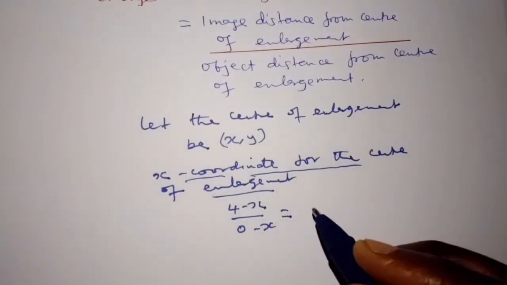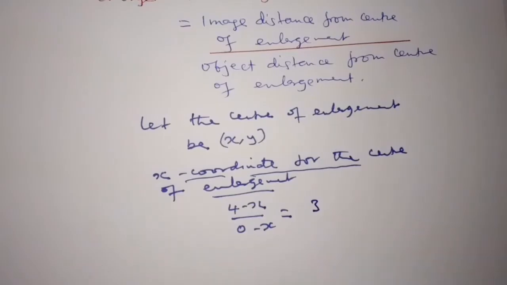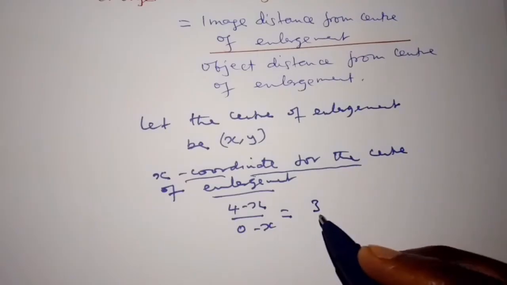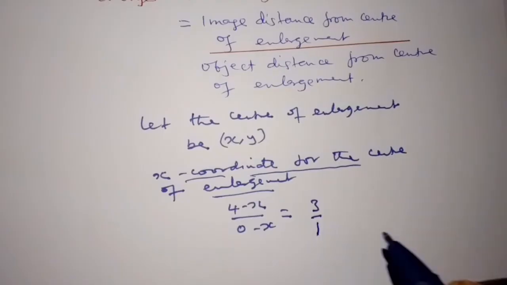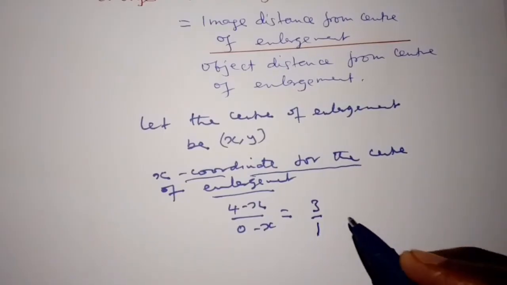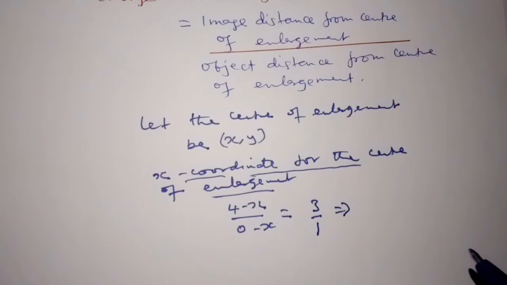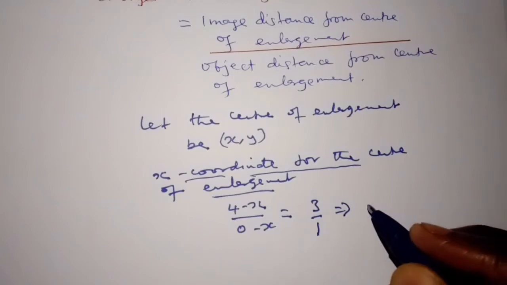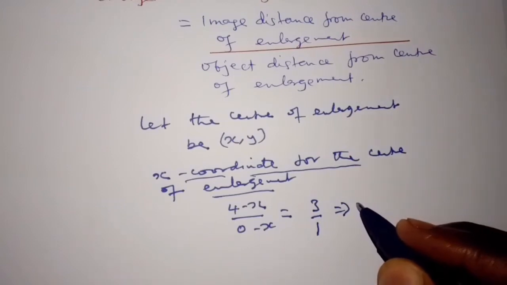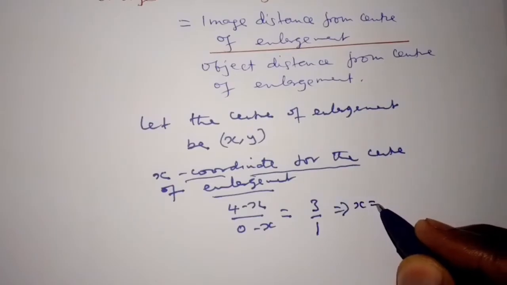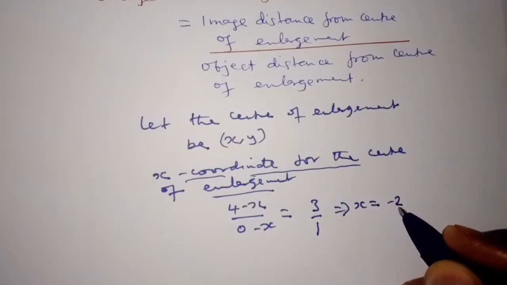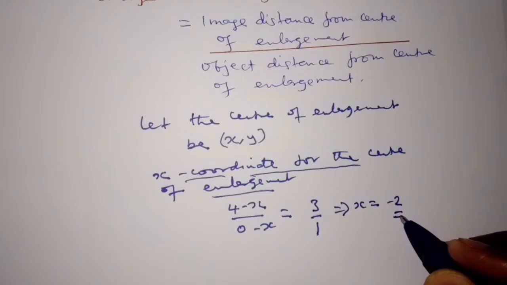So we equate this one to 3 in order for us to get the coordinate for the center of enlargement of x. So we can say that this is 3 over 1. So when we solve this one here, we are going to end up with x is equal to minus 2.